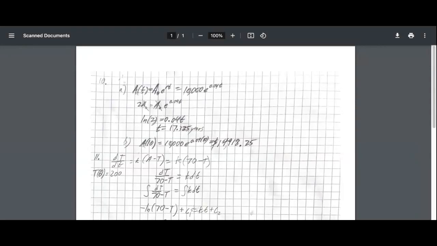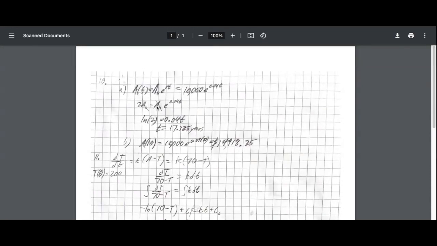And so I just used the formula for the continuously compounded rate, where A of t equals A naught times e to the rt. And the first part of the question wants to know how long it's going to take to double the amount. So basically how long it's going to take to go from $10,000 to $20,000.